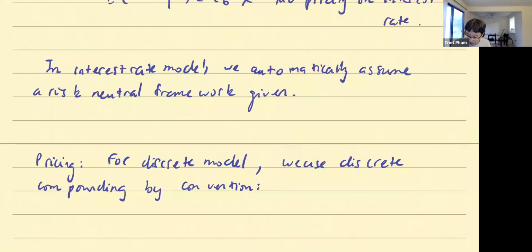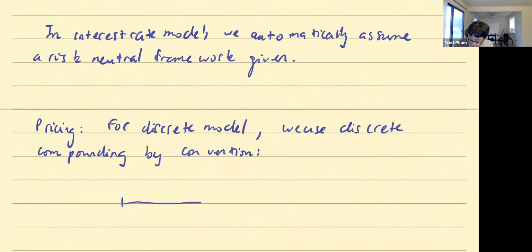What we mean is this: let's say from one period to another, from k to k plus 1, the length of the period is delta t. Then if I go forward, if I start with capital L, then I go to L times (1 plus R times delta t) in the next period.